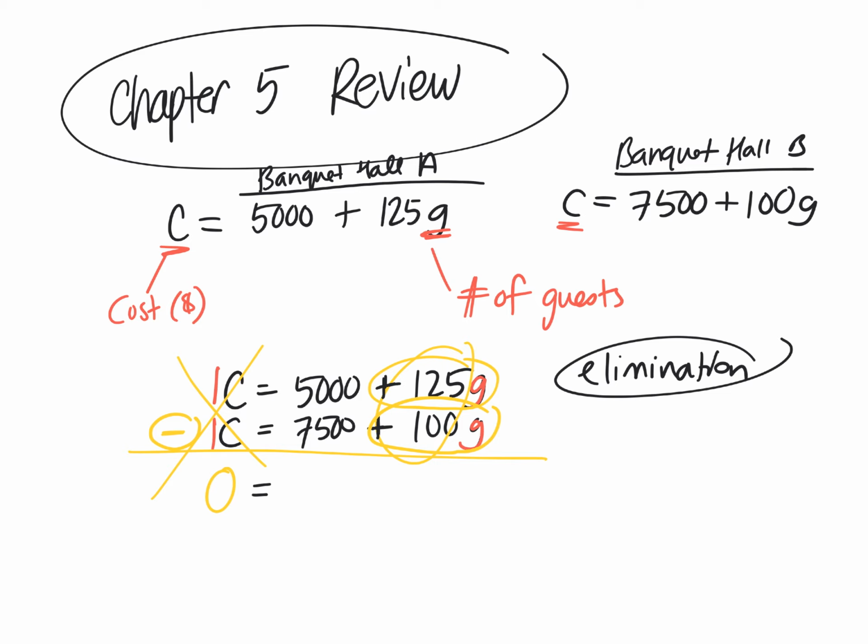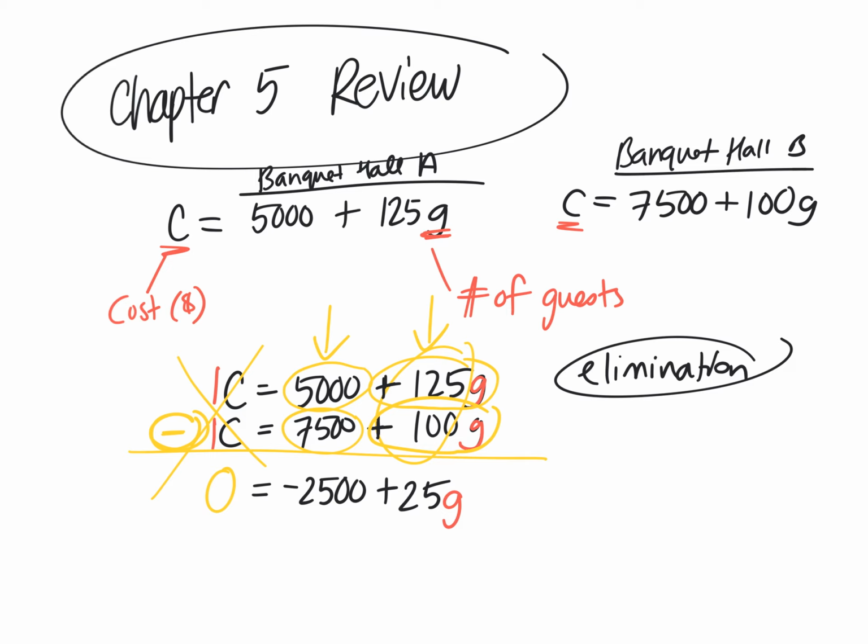What's 125 take away 100? 25G. Then we have 5,000 take away 7,500. Do it in order. What's the answer? Negative 2,500. Okay? We good up to there? Subtract in order.